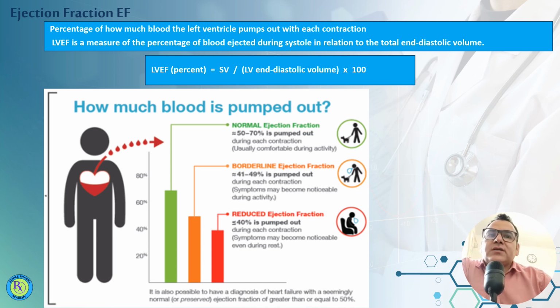For borderline, the ejection fraction ranges from 41 to 49%, and this type of patient will have some symptoms during activity. And reduced ejection fraction is usually when the ejection fraction is below 40%, and the patient will have noticeable symptoms even during rest.